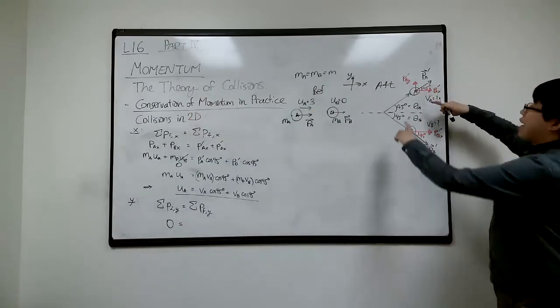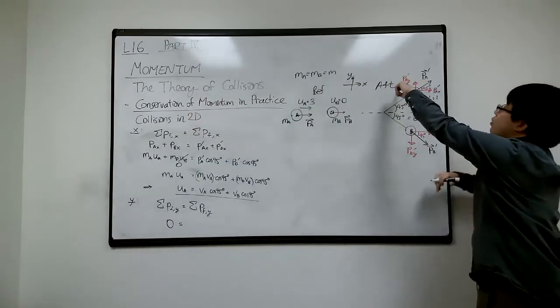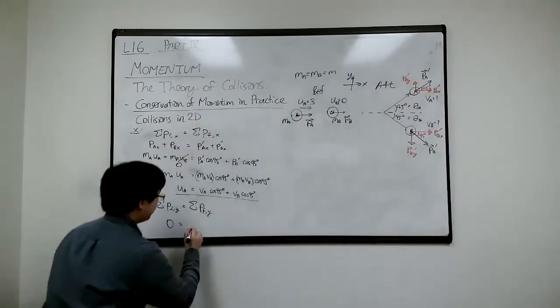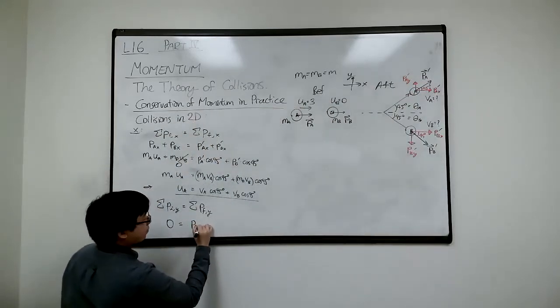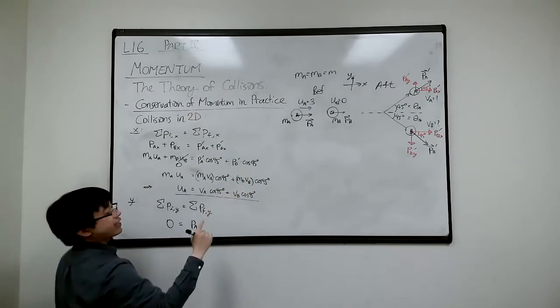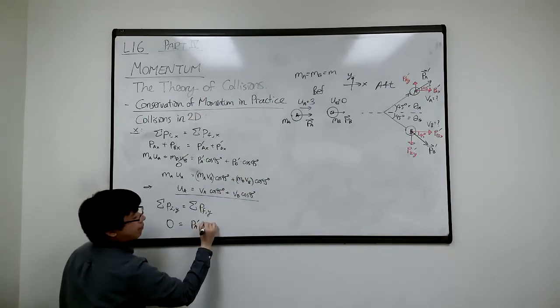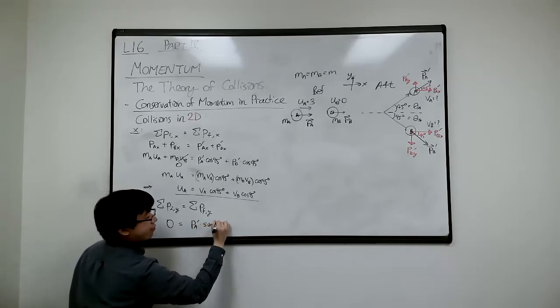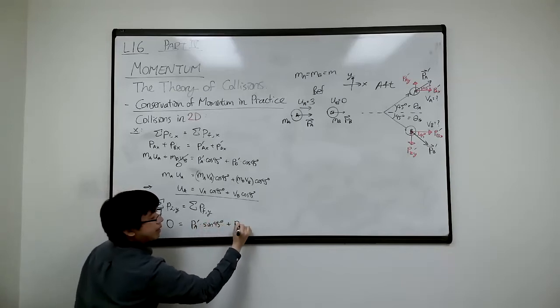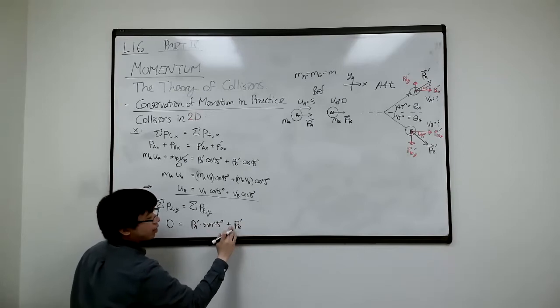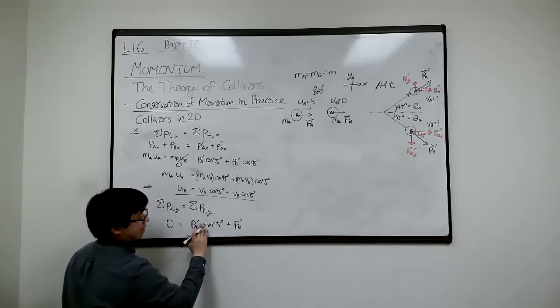Over here, now we need to actually do this. So PA y, so we have PA. Can we resolve this immediately? Yeah, let's resolve it immediately, right? So PA prime sine 45 degrees plus PB prime. Be careful, right? So yeah, let's not skip that step actually.